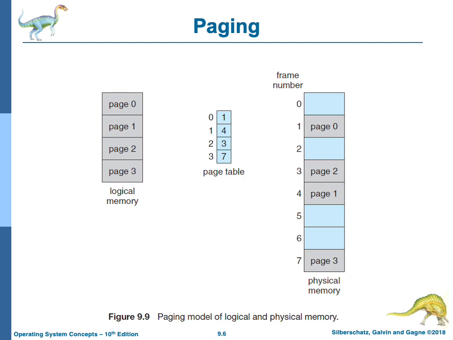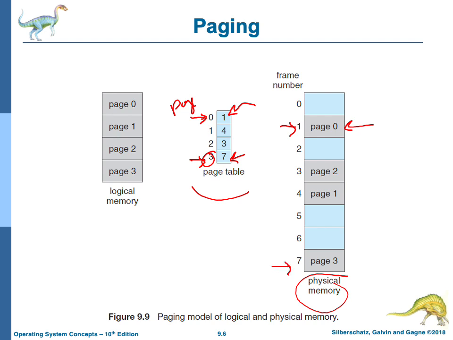So as you can see in this example, in the page table, we say that page number 0 is actually residing in frame number 1. So if we go to physical memory and find frame number 1, we're going to find page 0 in there. And then it also says that page number 3 actually is residing in frame number 7.